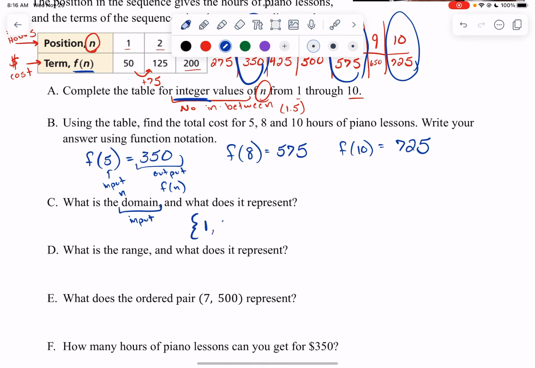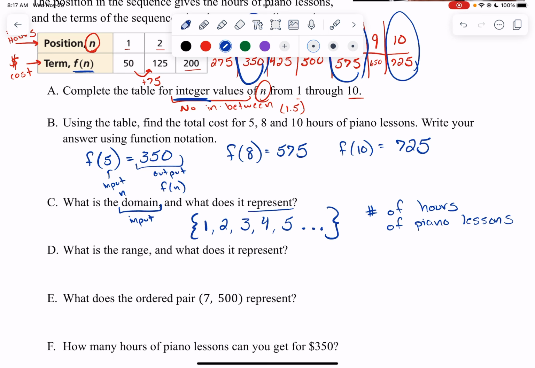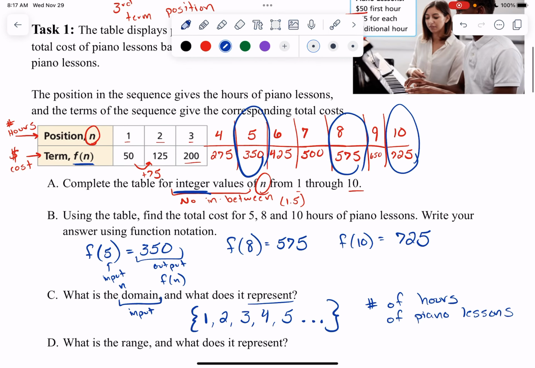I could do 1 hour, 2, 3, 4, 5, and so forth and so on. So I go dot, dot, dot, showing it goes like that forever. And what does it represent? It represents the number of hours of piano lessons. The input, again, the position, my input n, is the number of hours.